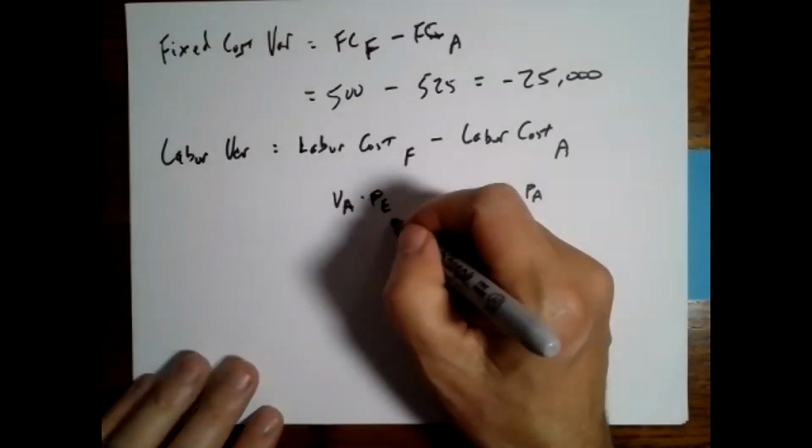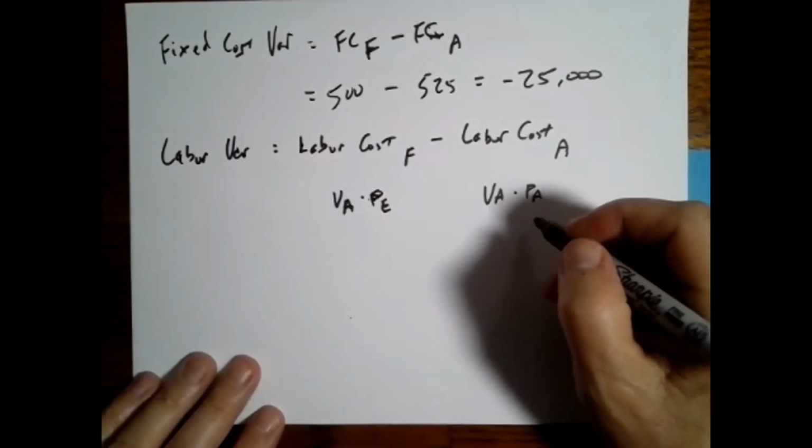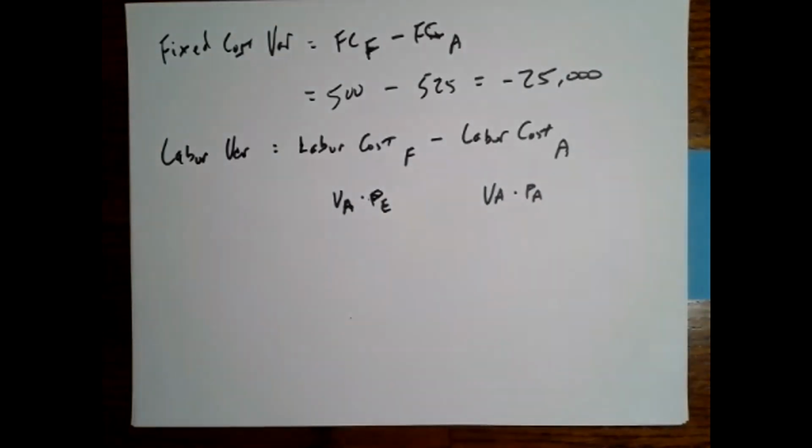The easy part is to get the prices. So the price actual for labor, if you go to problem 8.4, part 3, the cost section, part A, you'll see a line for labor, and it says 46,000 hours at $27 per hour. That is your actual labor cost per hour.